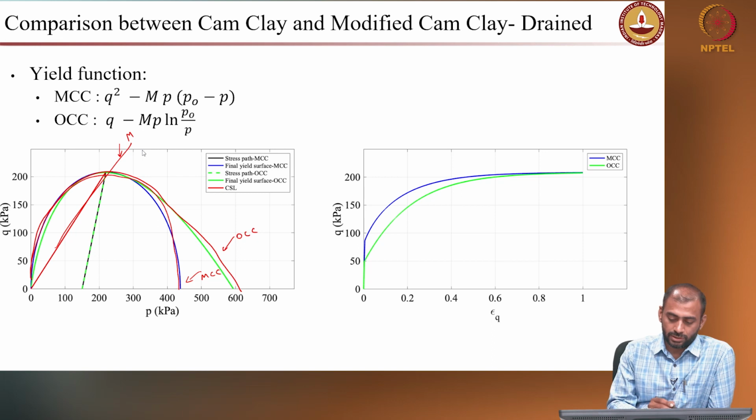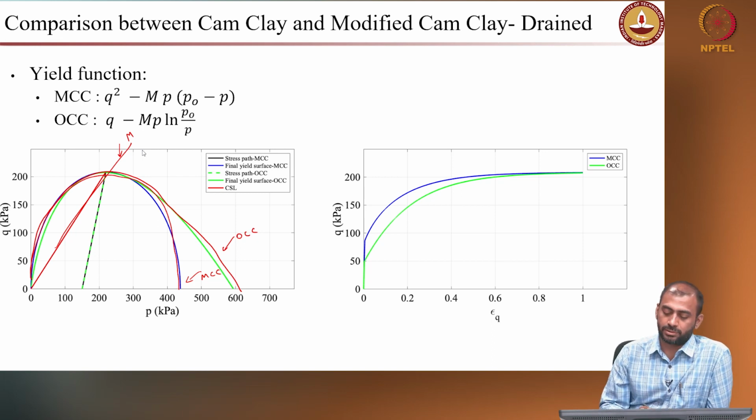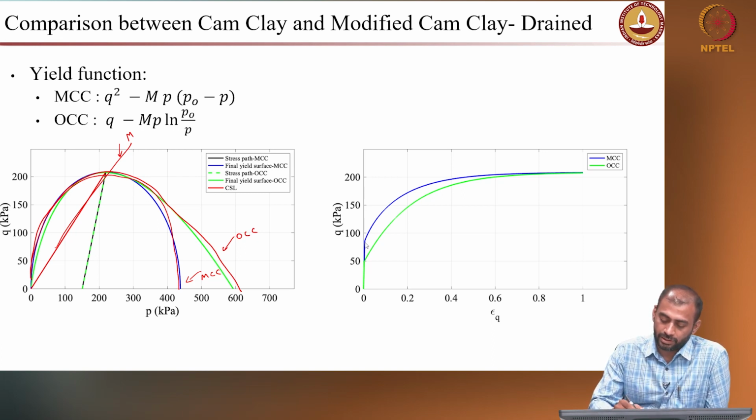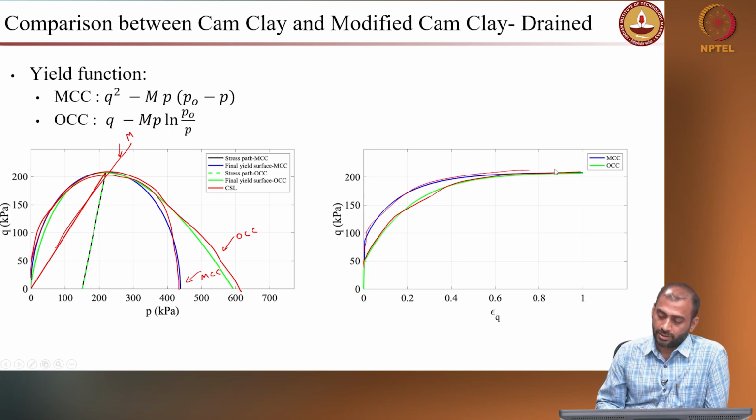For the same set of parameters you can see the stresses are slightly under predicted in case of original Cam-Clay, whereas modified Cam-Clay is slightly better in predicting the material response.